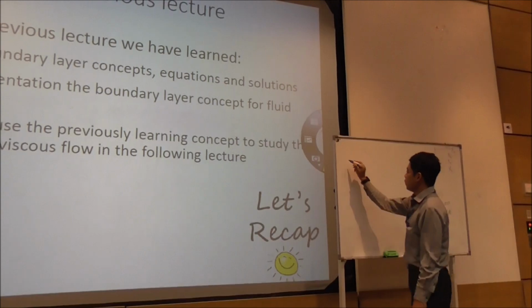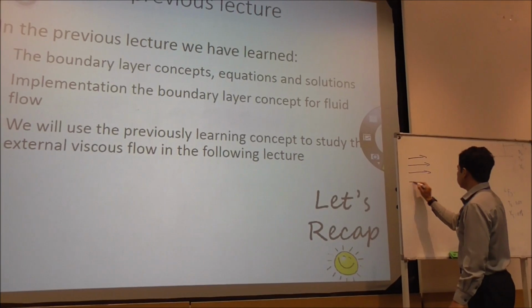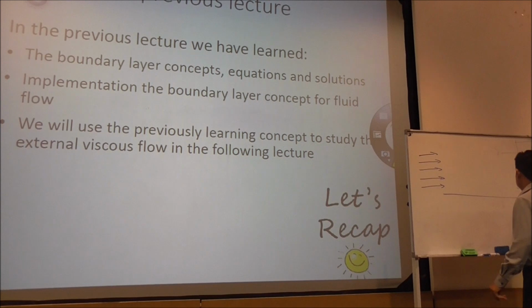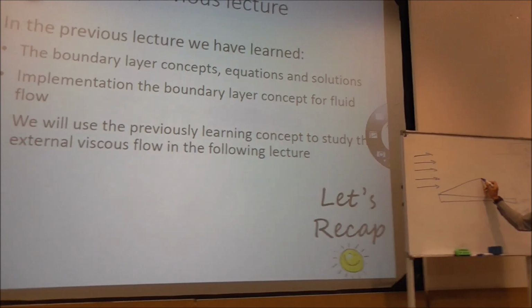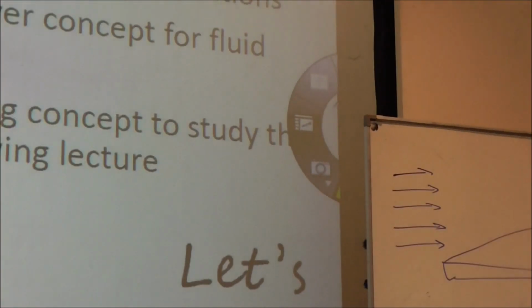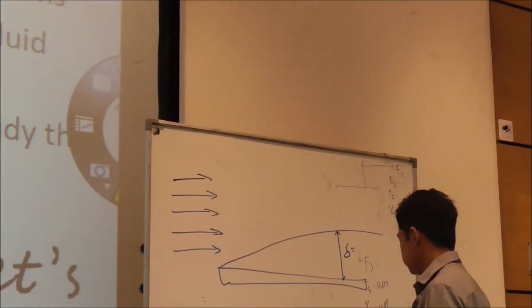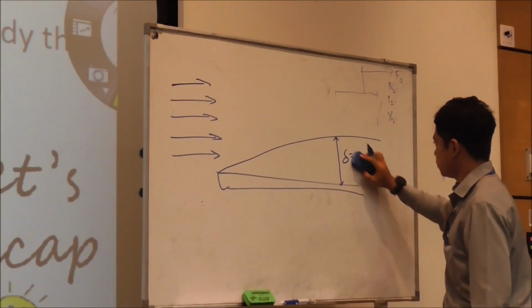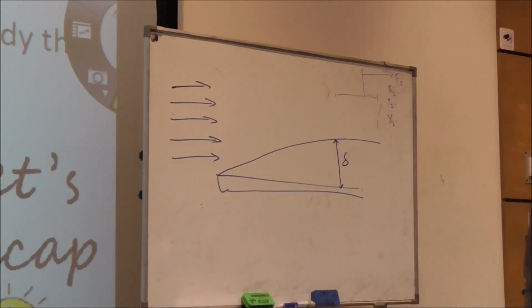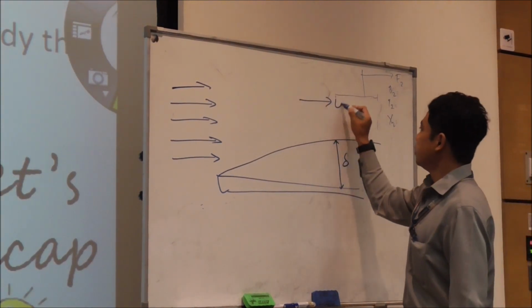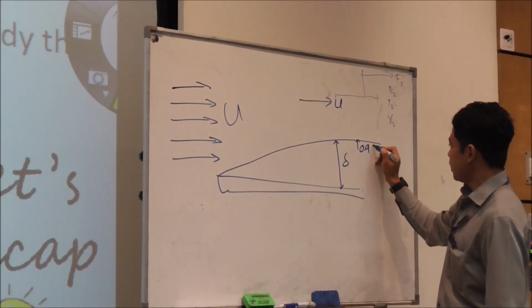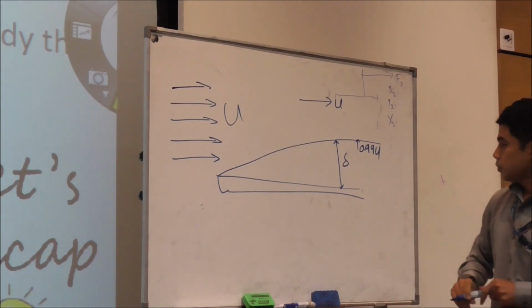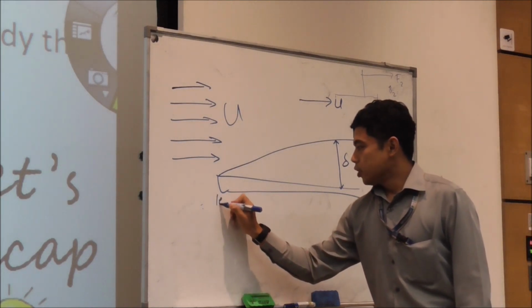So basically, when the flow is coming and makes contact with the plate, there will be a thin layer growing. Over here, the U will be undisturbed. And in this layer, it is 0.99 U. Right? This one is your leading edge.